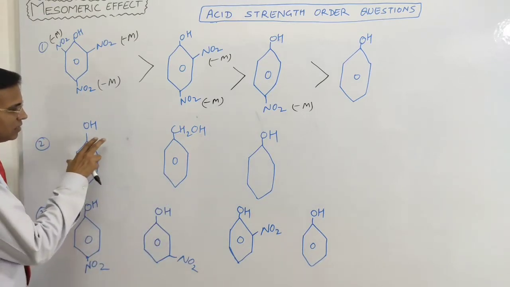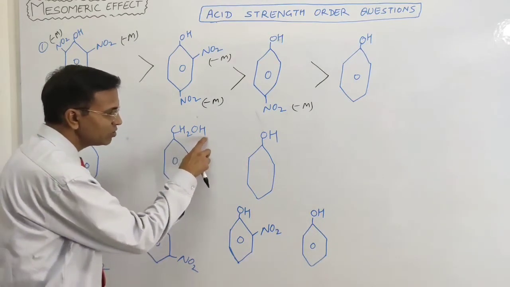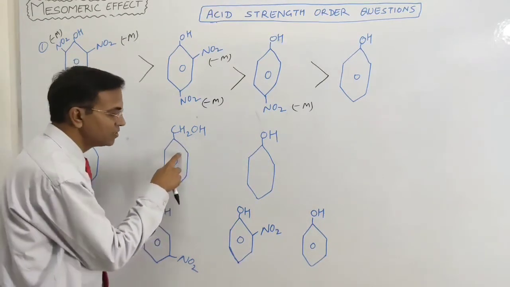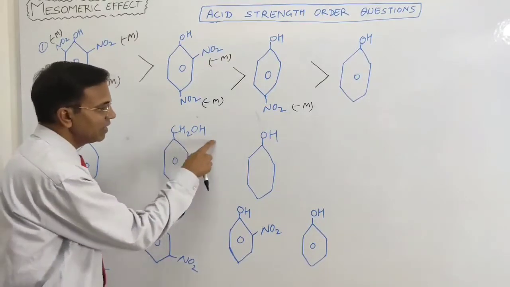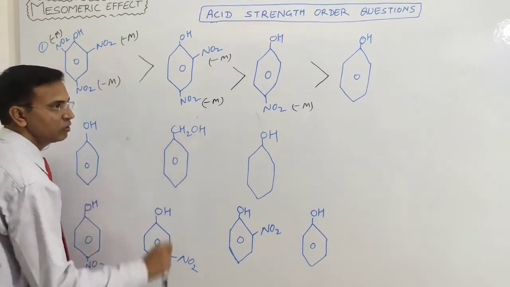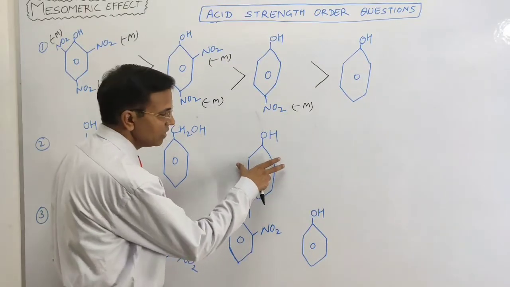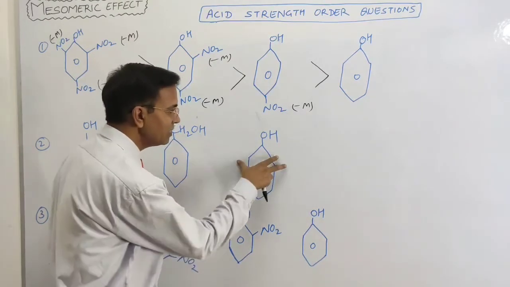Here is phenol. In the others, the OH group is not directly attached to the benzene ring; it is attached to an alkyl group. That means it is an aliphatic alcohol. An alkyl group is attached to the OH, right? Here is also cyclohexane, which means it is an alkyl group, not benzene, right?